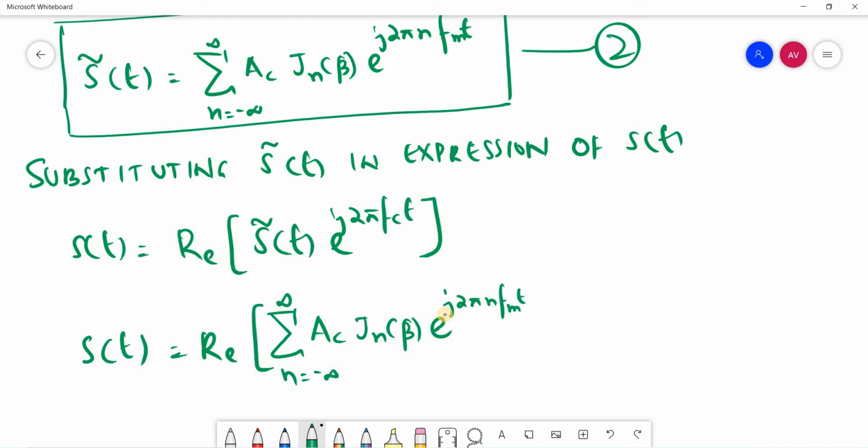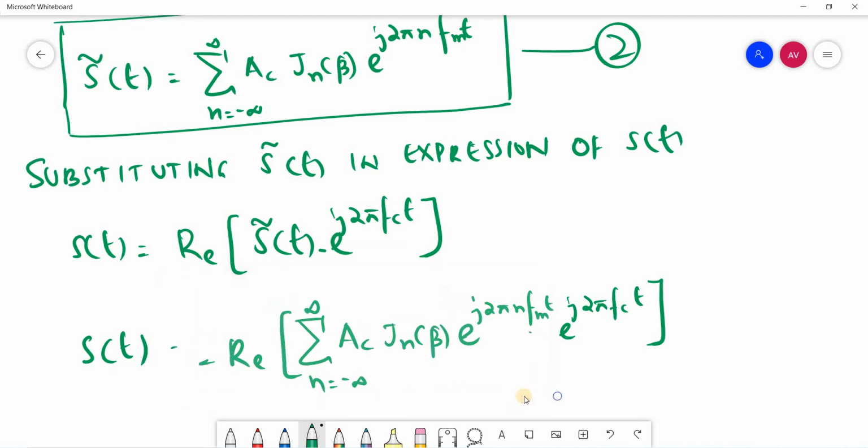So this entire thing is s tilde of t, that should be multiplied with e power j 2 pi fc t. So this is now the s of t. Now as taking the real part and summation are linear operators, we can just rearrange their order.